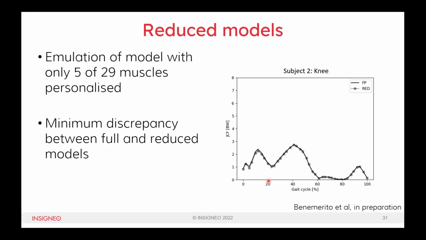And then we simulated the response of the reduced model, which you can see here with the gray circles, and we also simulated the response of the full model, which you can see with the black solid line. And as you can see, there is a quite satisfactory match between the two. And this means that the reduced model, where you only personalized 5 muscles instead of 29, is actually able to explain much of the variability and to match the behavior of the full model.